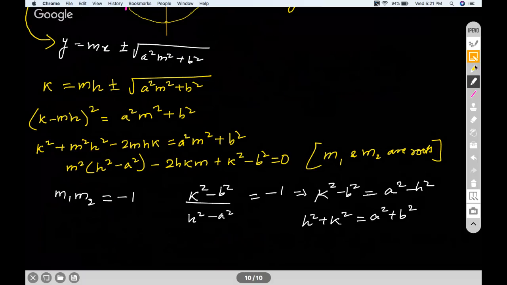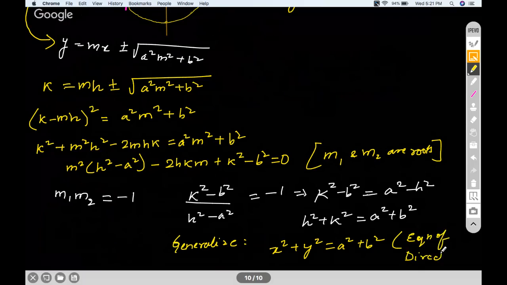And if you generalize it over here, we get x square plus y square equals a square plus b square as the equation of the director circle. Is that fine, guys? Any question with respect to this?